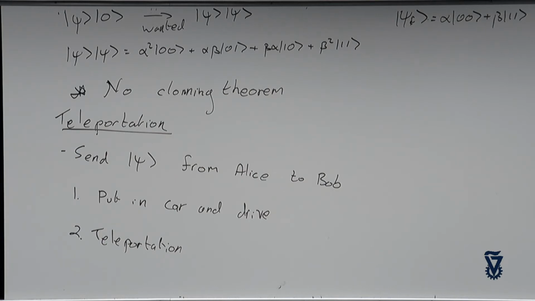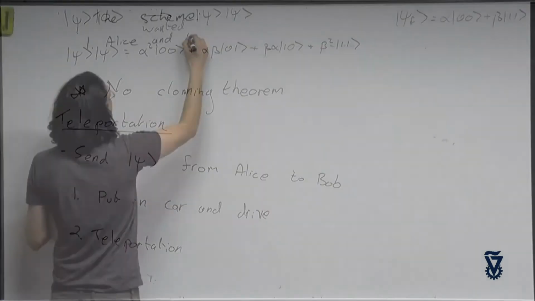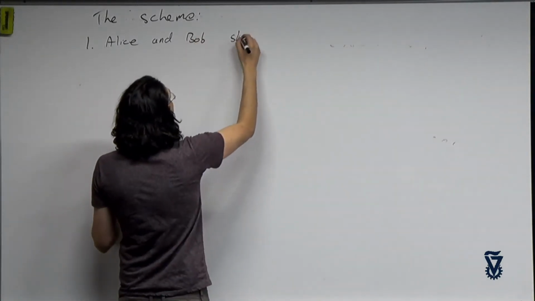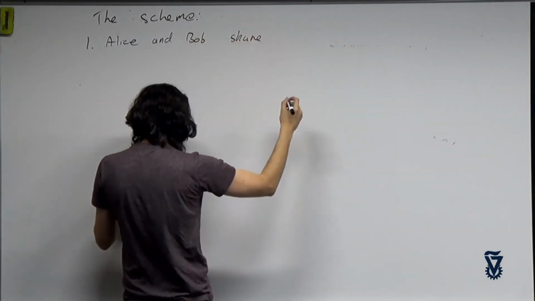So this is the scheme in words. The first step is that Alice and Bob need to share a Bell pair.